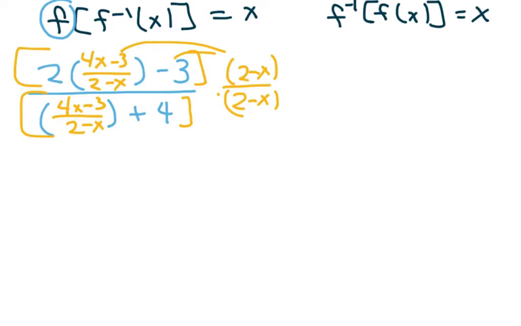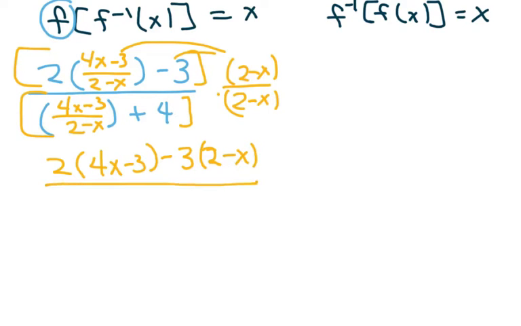The first part's just going to cancel out, so you get 2 times 4x plus 3, and you have to multiply the 2 minus x times the negative 3 here. That's the numerator. So this part canceled, but you still have to multiply it by that. Here, this part's going to cancel as well. So you just get 4x plus 3 plus 4 times 2 minus x.